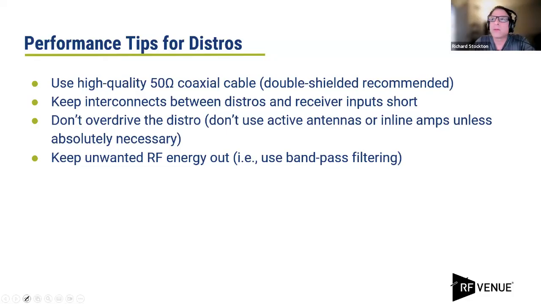Okay, the next tip is keep unwanted RF energy out. Typically, because we're using the UHF broadcast spectrum that we're sharing with UHF TV stations, we're adjacent to a lot of the noise that's produced by video walls. Like in the 400 to 450 megahertz, some of that spills up into the 470 to 608 spectrum that we're using.